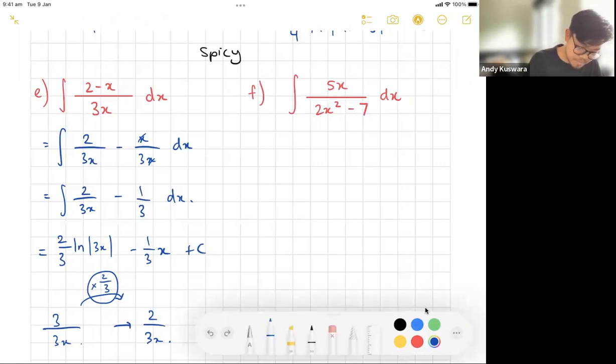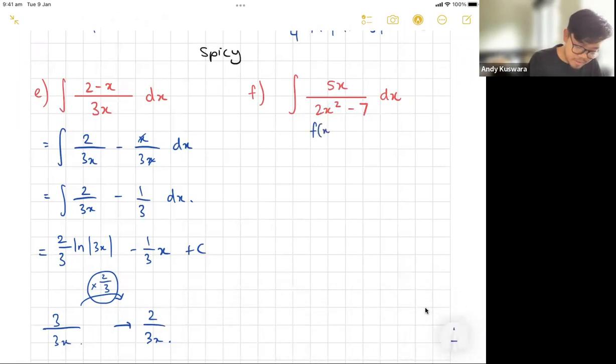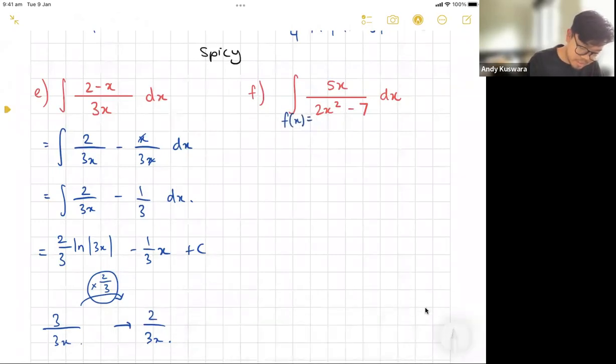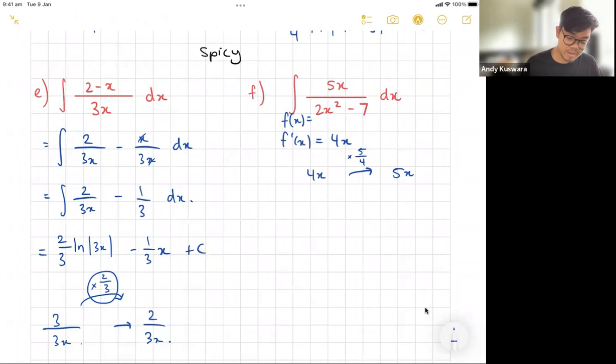So if that's my f(x), I need to find my f dash x, and so my f dash x is going to become 4x. So I need to think, how do I get that 4x to 5x? It's the same thing: I'm going to times it by 5 on 4. And that's how I get from 4x to 5x.